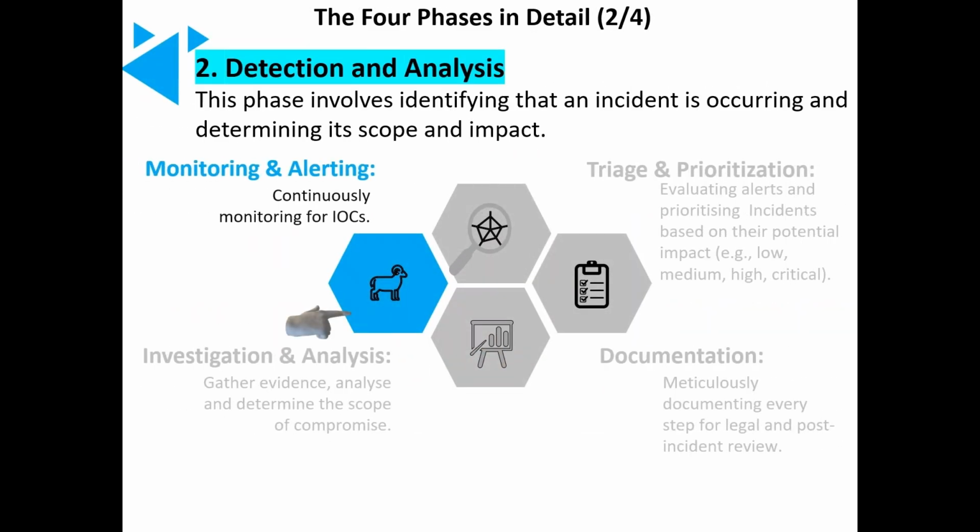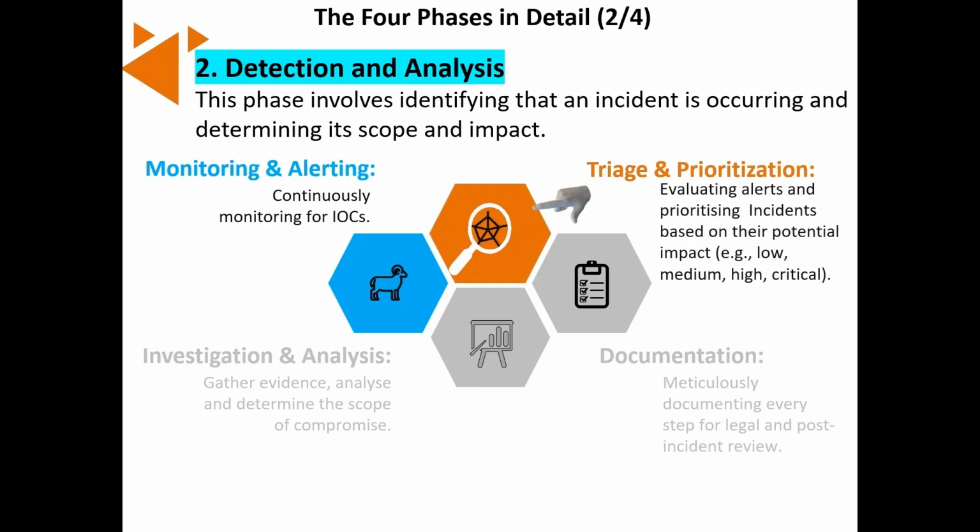The next phase, which is detection and analysis, involves identifying that an incident is occurring, and here you determine its scope and its impact. In this phase, the key activities start with monitoring and alerting, which implies that you continuously monitor the network and the systems for signs of anomalies or known IOCs, which are indicators of compromise.